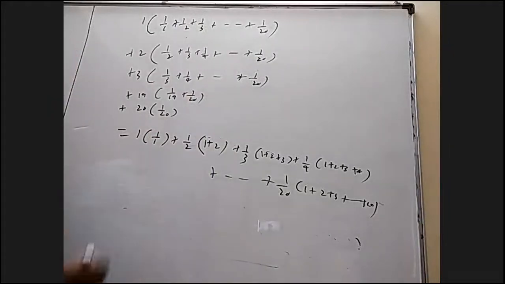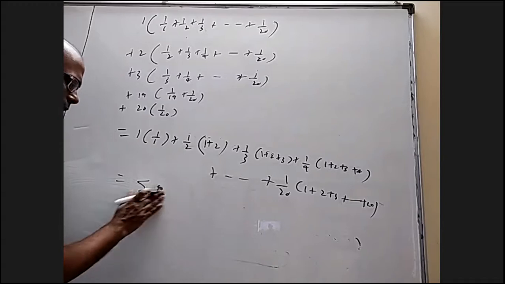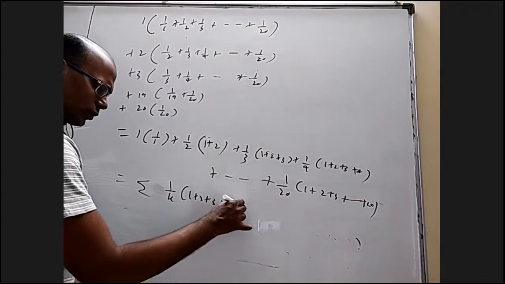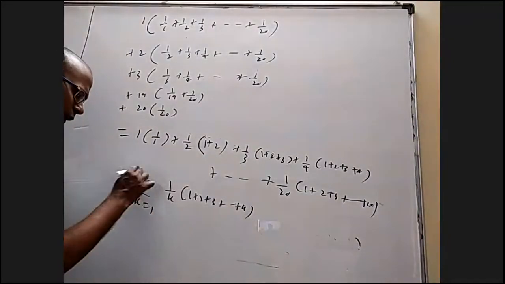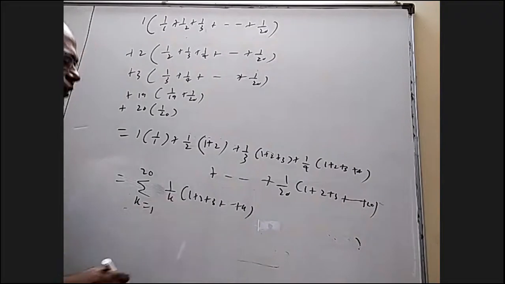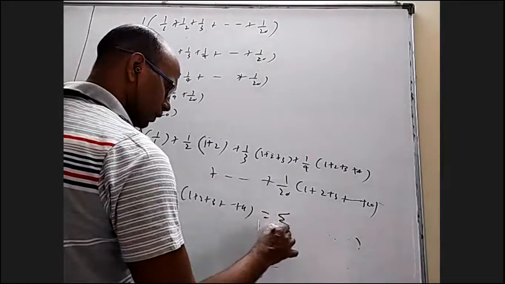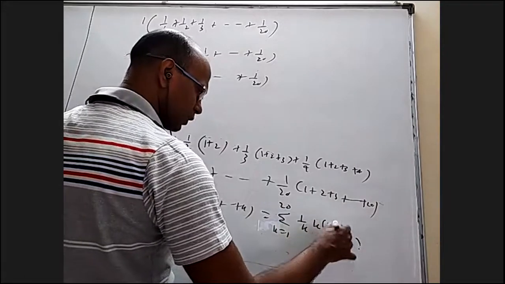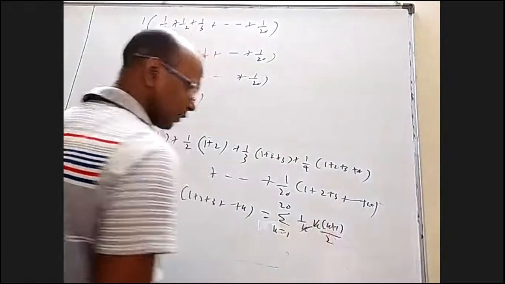You can see this is a pattern: sigma of 1 by k into 1 plus 2 plus 3, and so on up to k. k is ranging from 1 to 20, and 1 by k is counted this many times. Now this is very easy. Sigma k equal to 1 to 20 of k into k plus 1 by 2. k will cancel.